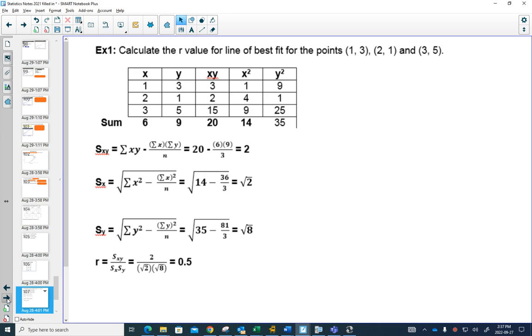So in those formulas, remember that this sigma sign means sum. So x times y, you do it each time, add them up, you'd get 20. Adding up all the x ones, you'd get 6. Adding up all the y ones, you would get 9. So you can calculate each of these things on its own, and we would get an R value of 0.5.